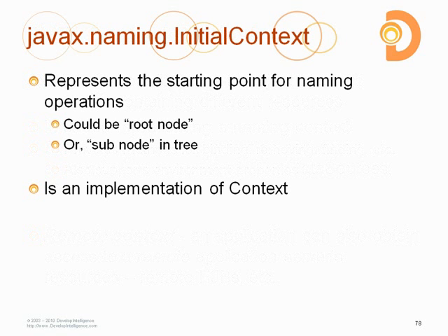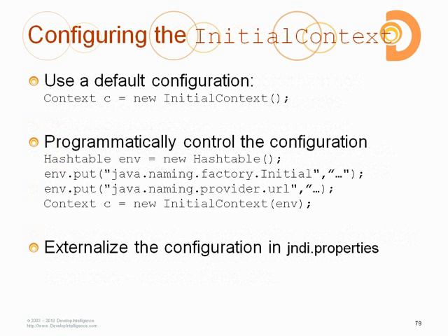Let's skip over that. So let's look at how to create an initial context. Two different ways that I'm going to create an initial context. The first way is that I'm going to use some default configuration that's either provided by the container manually, or it's provided by a jar that contains JNDI properties.